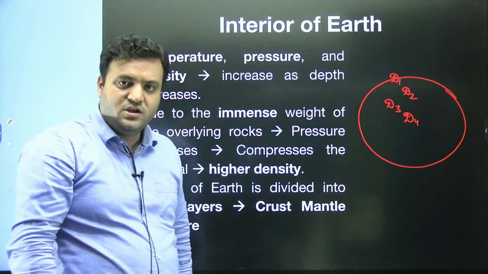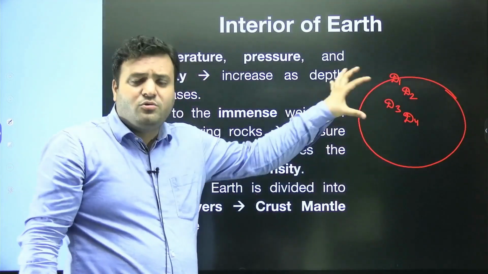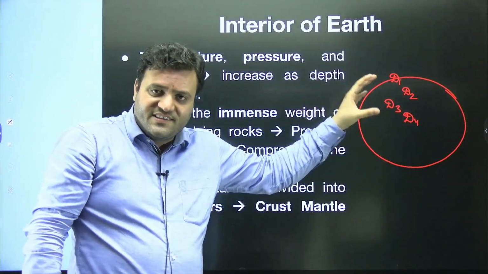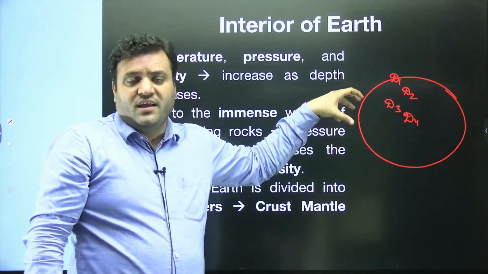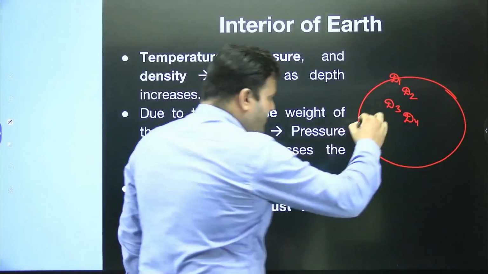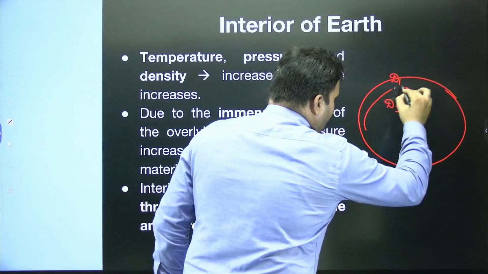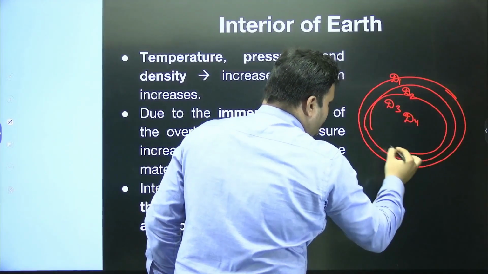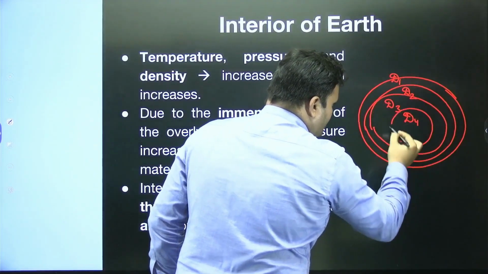In order to divide these density zones, or equal density of rocks, we have these concentric layers of our Earth.